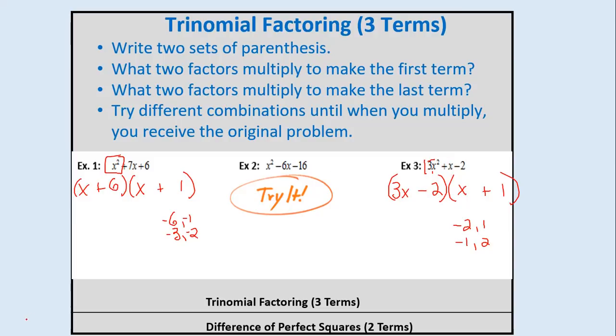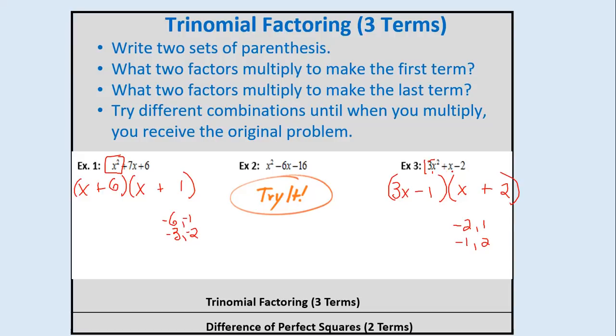Now look at what would have happened, however, if I would have tried the other way. So if I would have said, well, let's check to see, maybe this is a -1 and that was a +2. So if I would have multiplied 3x times 2, that's 6x. This is a -1x.